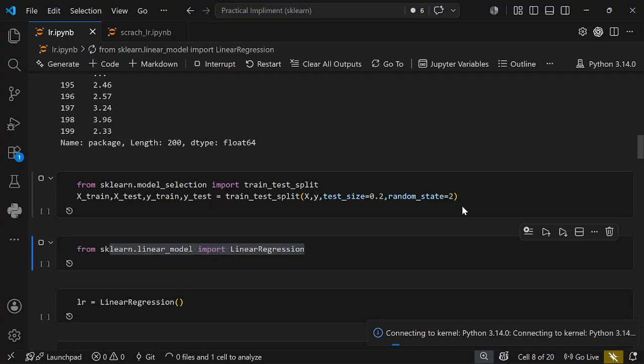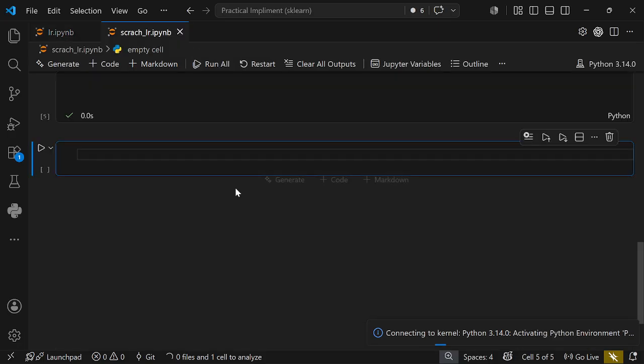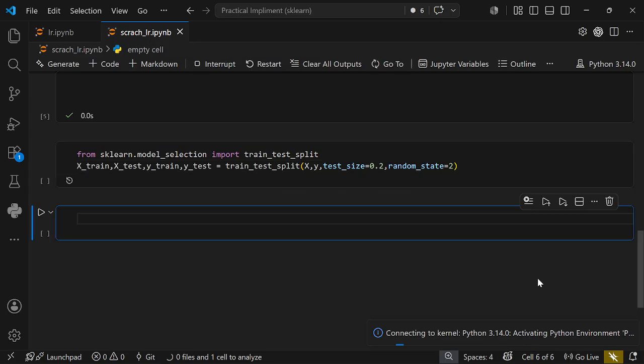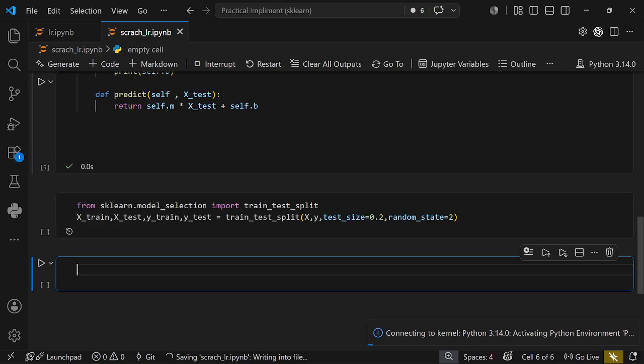Let's copy this cell here, Control C, and let's test it. It is taking some time.